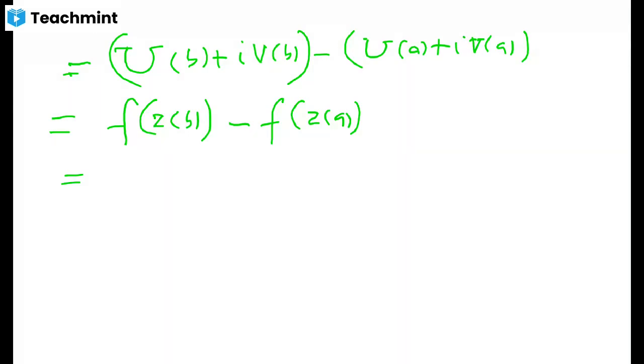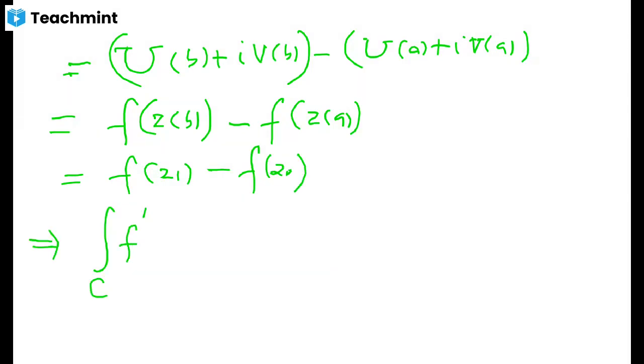The terminal point was z1 of the contour, and z of a means the initial point, so it has to be f of z naught. So you have the integral over contour c of f derivative z dz equal to f of z1 minus f of z naught.